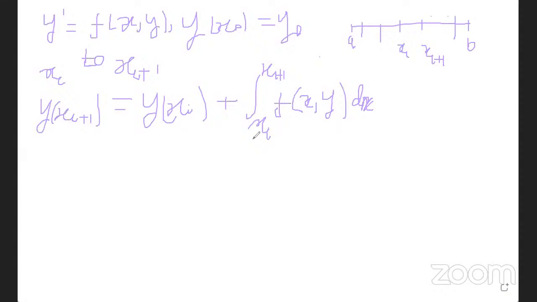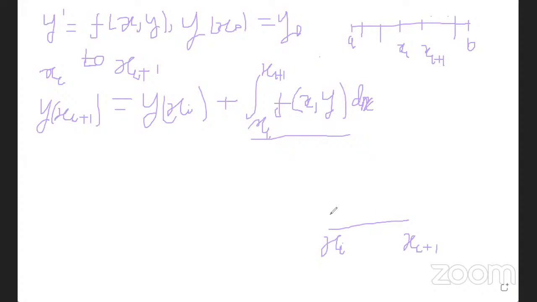Now this integral is what makes the problem. We want to integrate the function f(x,y) from x(i) to x(i+1), in this interval. Suppose this is x(i) and this is x(i+1), and then we will vary i.